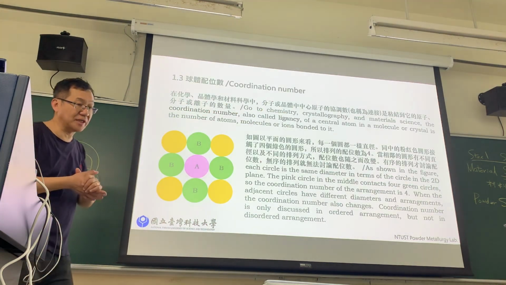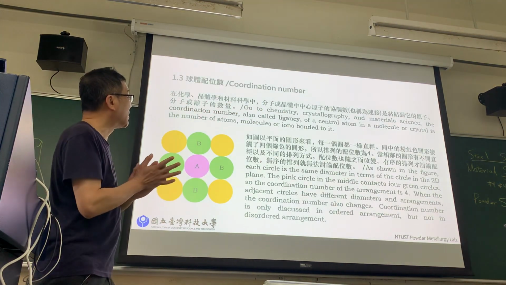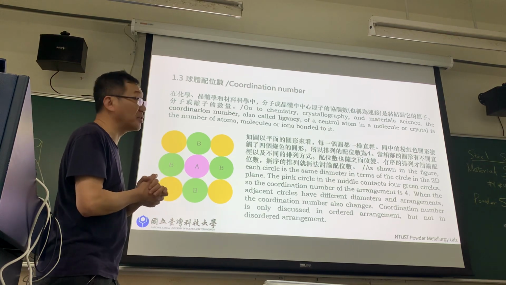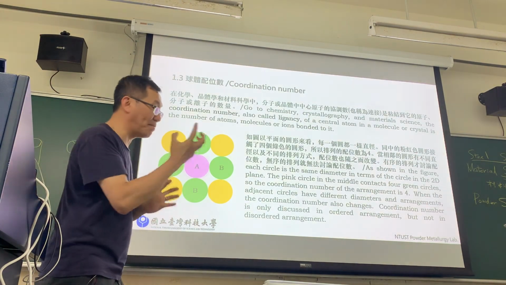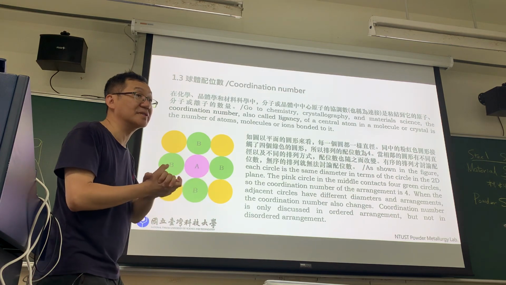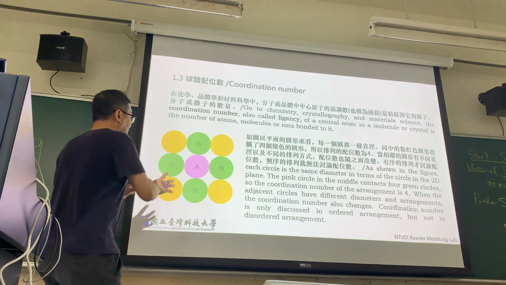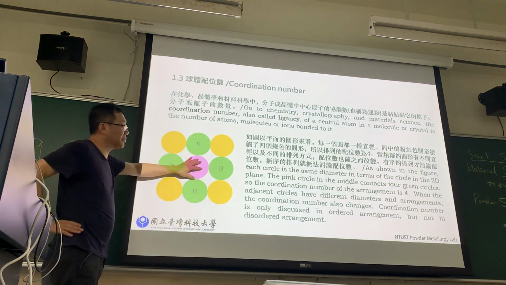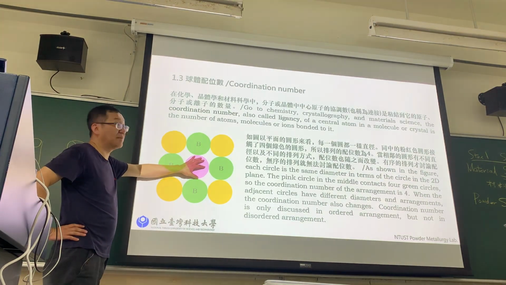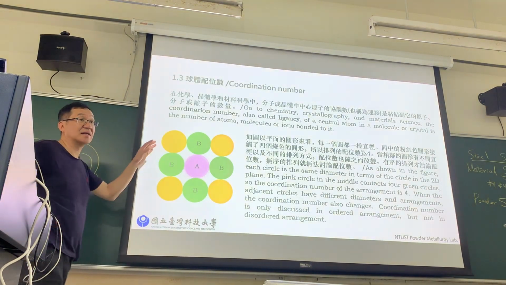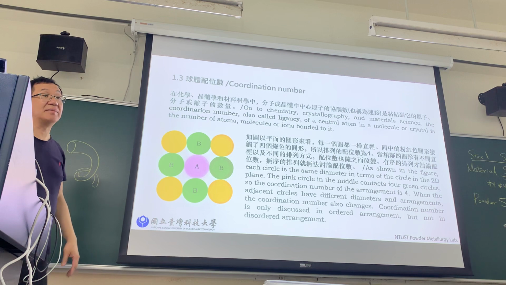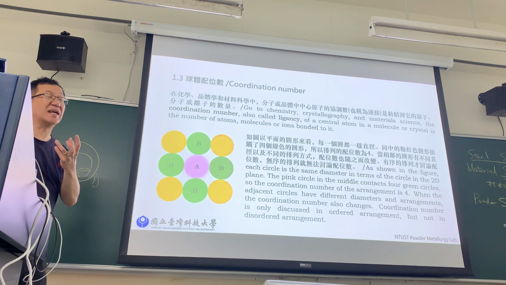And number 3, we're talking about coordination numbers. It means one powder particle touches how many other particles. In 2D, for powder A in this simple cubic arrangement, how many pieces can touch? One circle can touch 4.